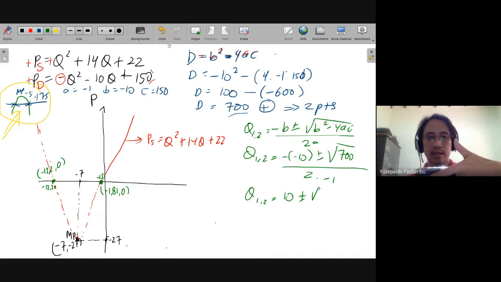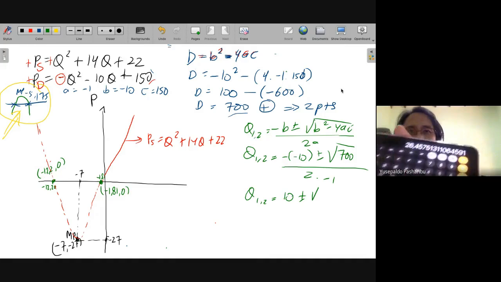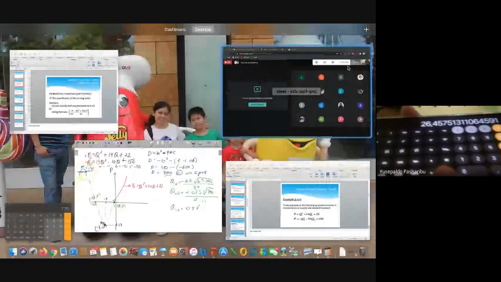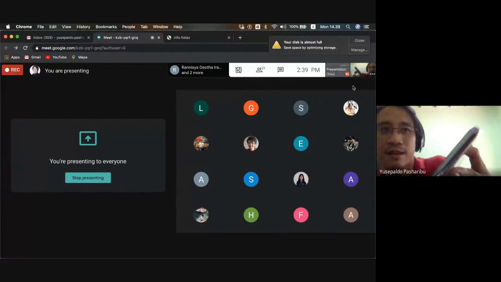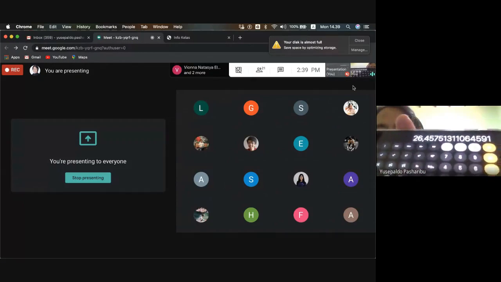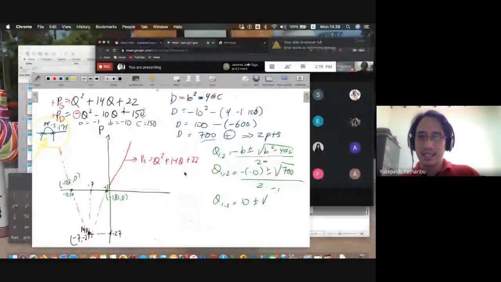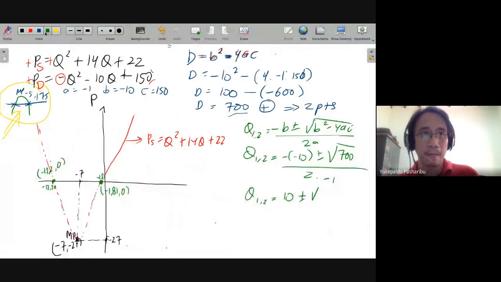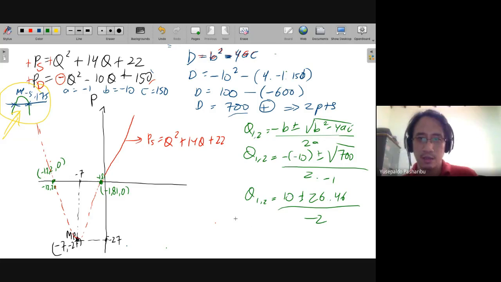The square root of 700 is 26.457. So it becomes 26.46.